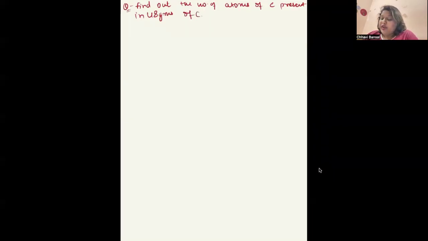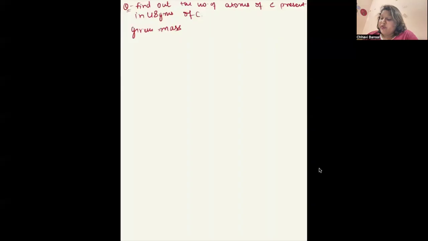Okay. Now, for example, find out the number of atoms of carbon present in 48 grams of carbon. Okay. Now, what are we given? We are given the given mass, right?